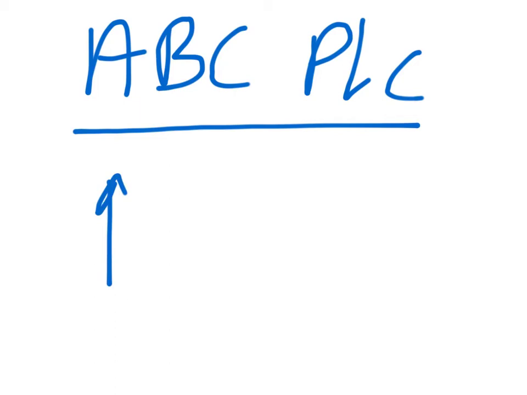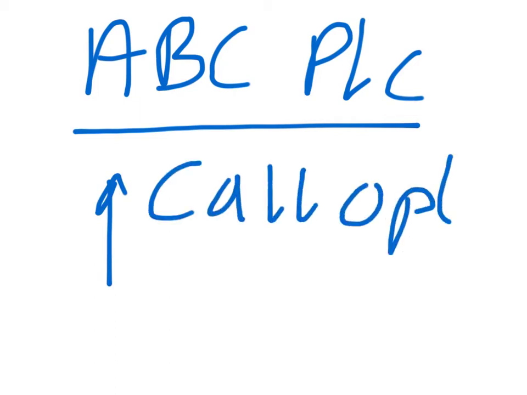So what do you do? You buy a call option because you think it's going to go up. Now, the call option will have two important factors. It will have a strike price, which is the price that you are willing to agree to pay for the underlying asset.